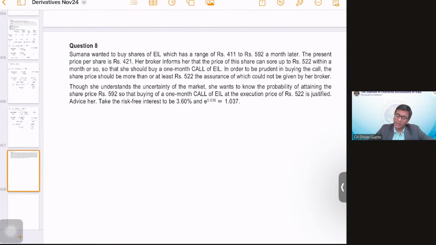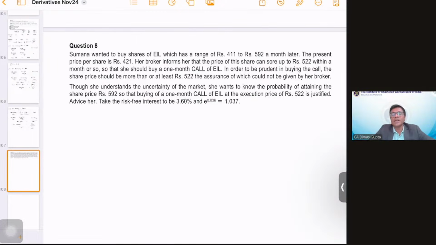Her broker informs her that the price of this share can soar up to rupees 522 within a month or so that she should buy a 1 month call of EIL. In order to be prudent in buying the call, the share price should be more than or at least rupees 522, the assurance of which could not be given by her broker.